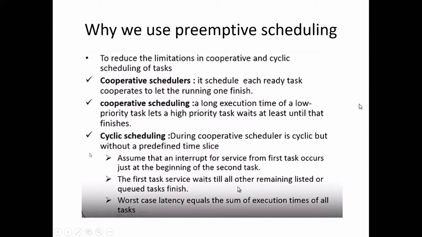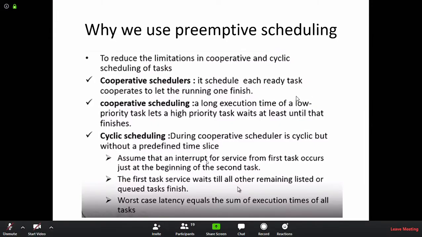Now, cyclic scheduling. What is cyclic scheduling? The cooperative scheduling which I have just mentioned is cyclic but without a predefined time slice. You remember what a time slice is? We studied that time slices are the time slots in which each process will be occupied.